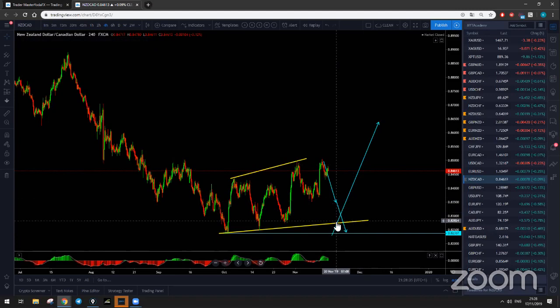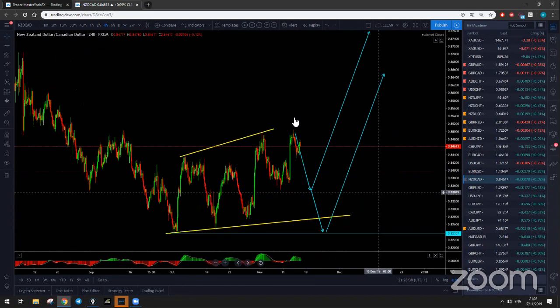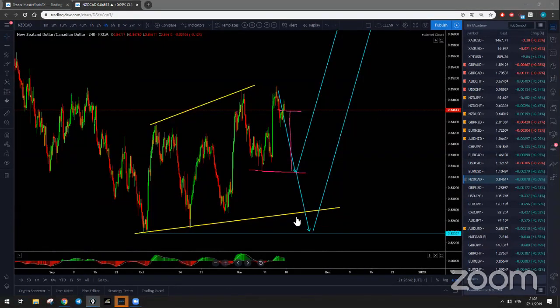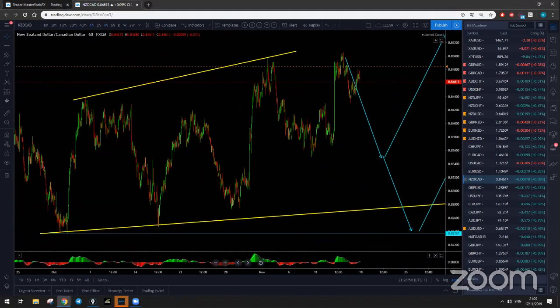There are spots we'll watch. If you take the sell, be careful around the previous bottom. Those are two spots where you will have to take care, or simply take off your profit and don't be optimistic that this trade will go deeper. So like I said, move to a lower time frame and watch.